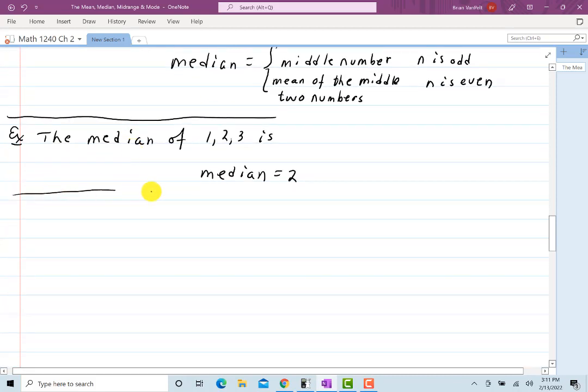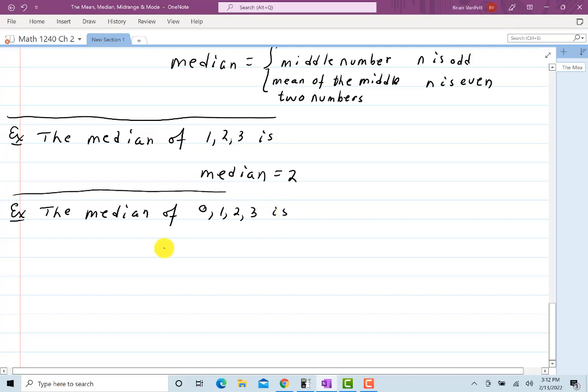On the other hand, the median of 0, 1, 2, 3 is, this time I have an even number of numbers, so I take the mean of the middle two.